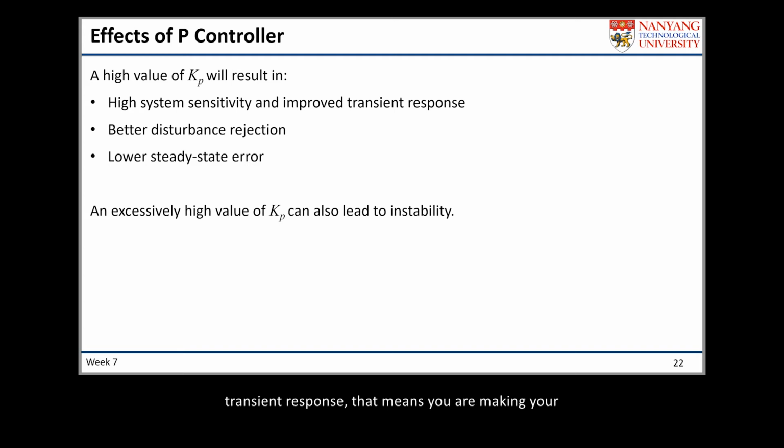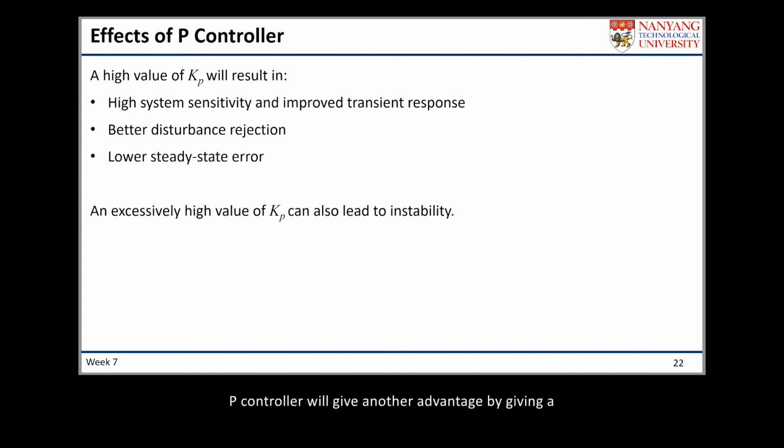By improving the transient response, that means you are making your system response faster, because the transient response will tell you how the system will react in time, how fast the response of your system. So transient is related to the speed of your system. So basically, introducing a P controller will make your system response faster.